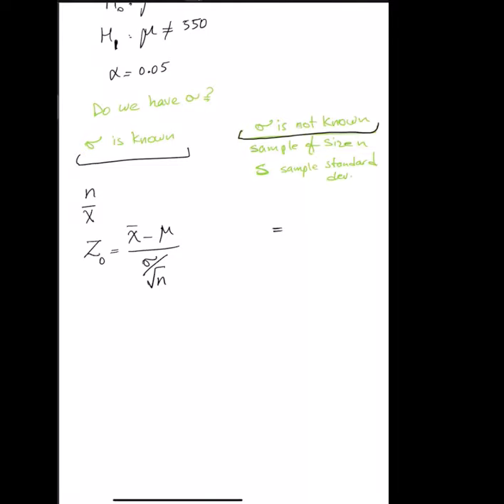What is the test statistic here? Sigma is not known, so I'm going to use the sample standard deviation. I take a sample of size n and look at the average of the sample. What is the test statistic here, and what is the notation for this one? T, right? So this is my test statistic if sigma is not known. This is my test statistic if sigma is known.